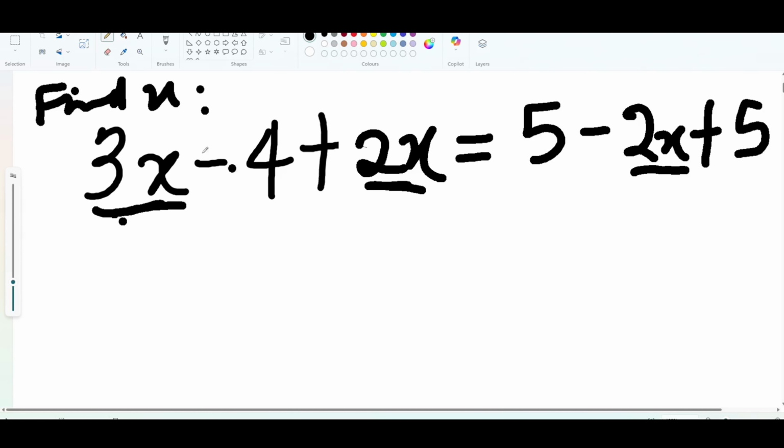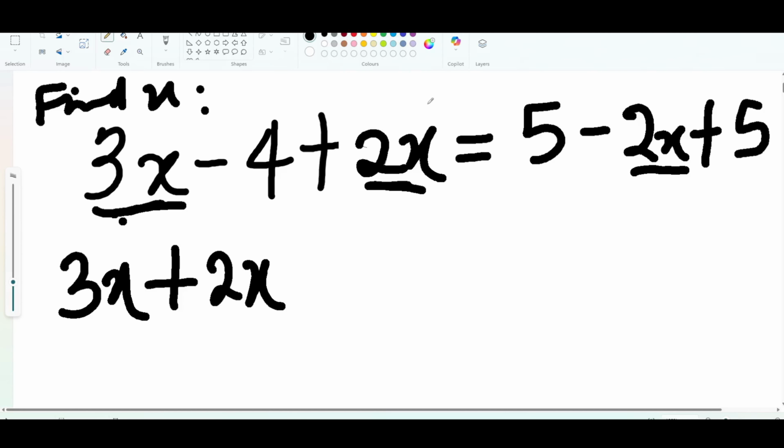These two, this is 3x and this is plus 2x. They are still on the left hand side, so their signs won't change. So it becomes 3x plus 2x. Then this minus 2x, when it comes to the other side, becomes plus 2x, right?